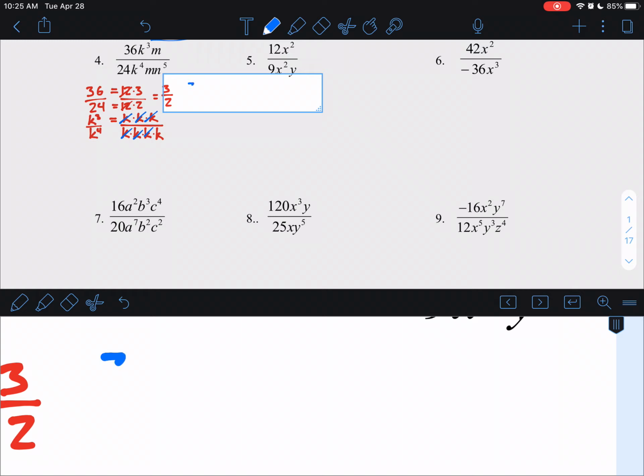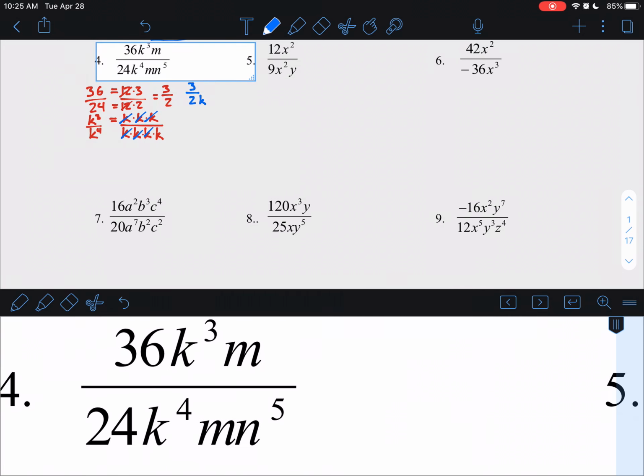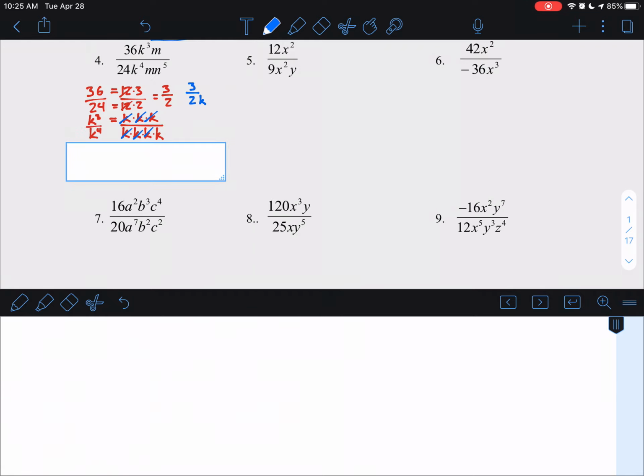So I have 3 halves, and we said there was 1k in the denominator, no k's left in the numerator. And let's see, m's. So the m's, I have m to the first over m to the first. So that's just saying m over m. That's 1.